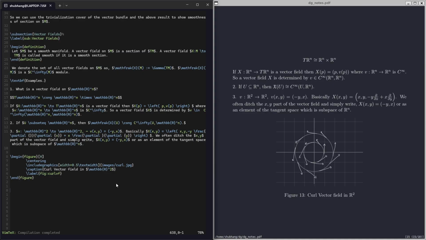Okay, similarly you can define functions from R^n to R, so you can generate another kind called gradient vector fields.